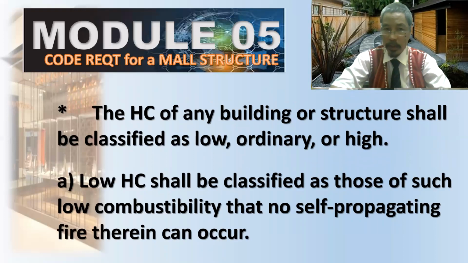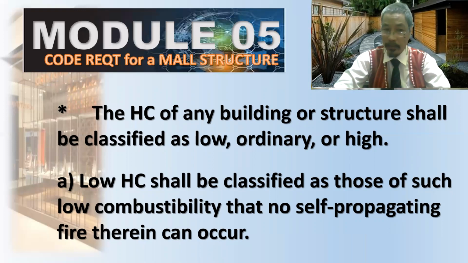The hazard of contents of any building or structure shall be classified as low, ordinary, or high. What do we mean by low? It is those areas of such low combustibility that no self-propagating fire can occur. That is what we mean by low.